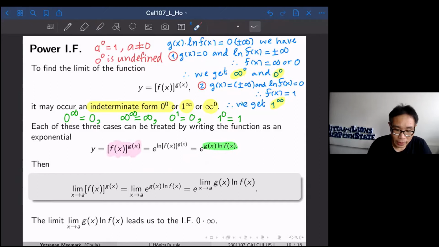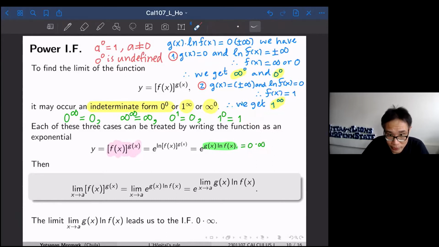If this green guy equals 0 times infinity, you get indeterminate form. If the green guy does not equal 0 times infinity, you're not going to get the indeterminate form. So you just fall into these four cases. Okay, so we're going to use L'Hopital only when, after taking log, it turns out to be g(x) log f(x), and it turns out to be 0 times infinity.